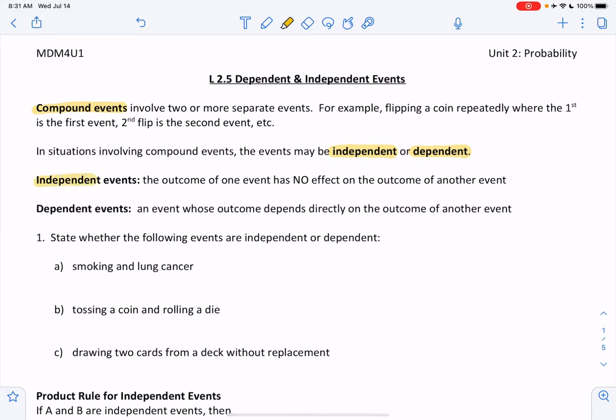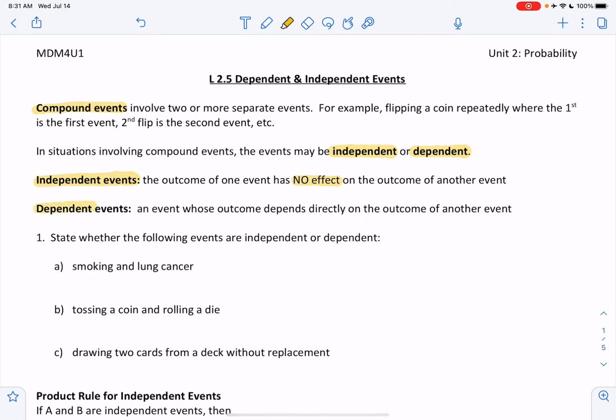Independent events are events in which the outcome of one event has no effect on the outcome of another event. So regardless of what happens in event 1, the probabilities are the same for event 2, same for event 3, nothing changes.